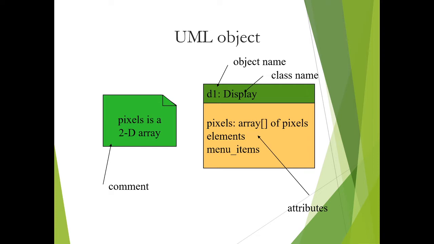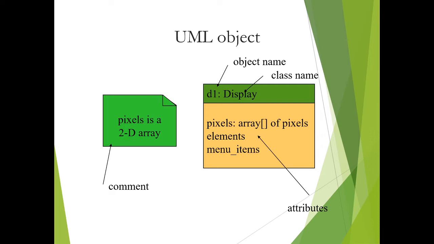On the right-hand side is the object itself. The top bar has the object name, and after the colon is the class name. This is a set of attributes, the different data elements, and we can also put the values here. So for instance, you can have two objects of the same type with the same attributes, but each one has different values for its attributes.